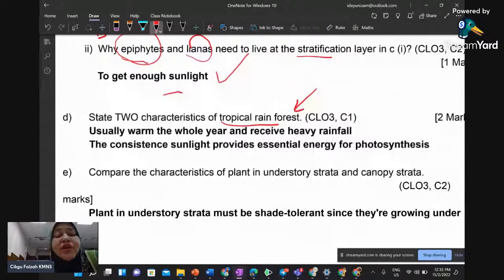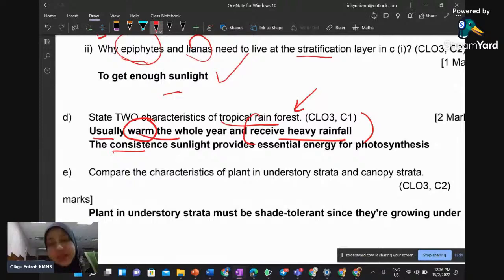So usually we receive heavy rainfall. Ini no doubt. Okay, you cannot deny that, right? And also our country is warm the whole year. Okay, and moreover, selain having heavy rainfall and also warm the whole year, panas sepanjang tahun, tapi kita juga having consistent sunlight, right?